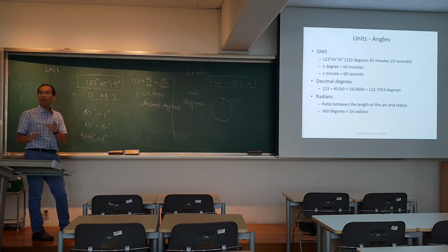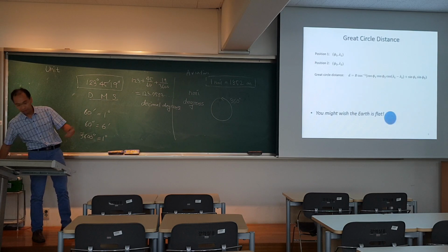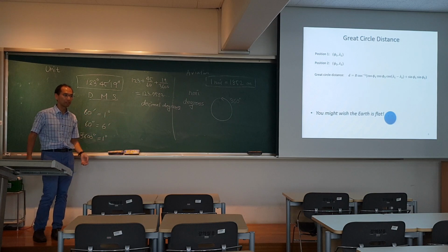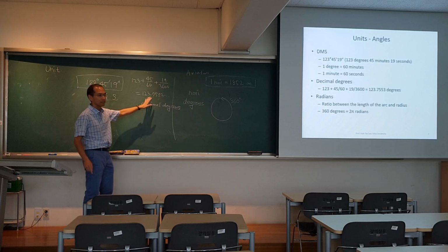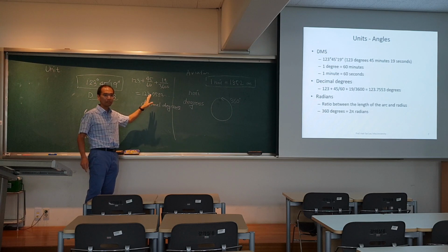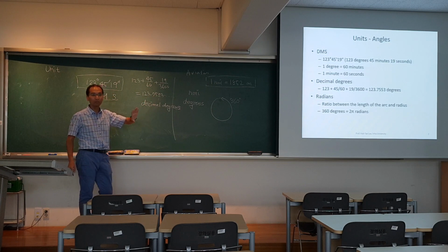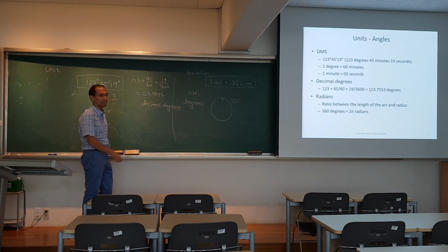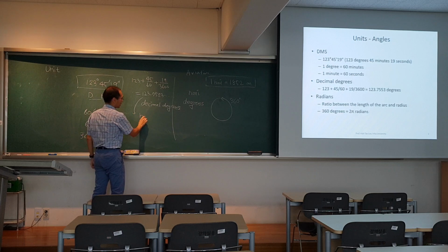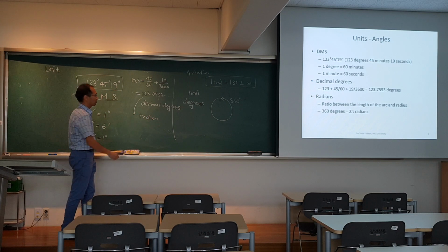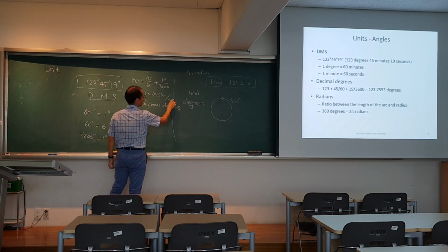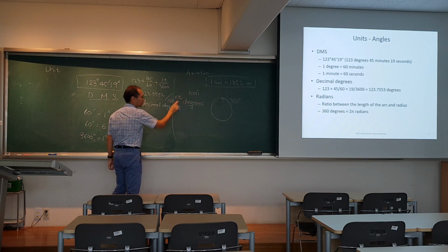Because if you have to do any sort of calculation, with cosines and sines of degrees, you have to use at least decimal degrees, and usually in your computer code or calculator, you have to convert this to radians. So divide this by 180, multiplied by pi.